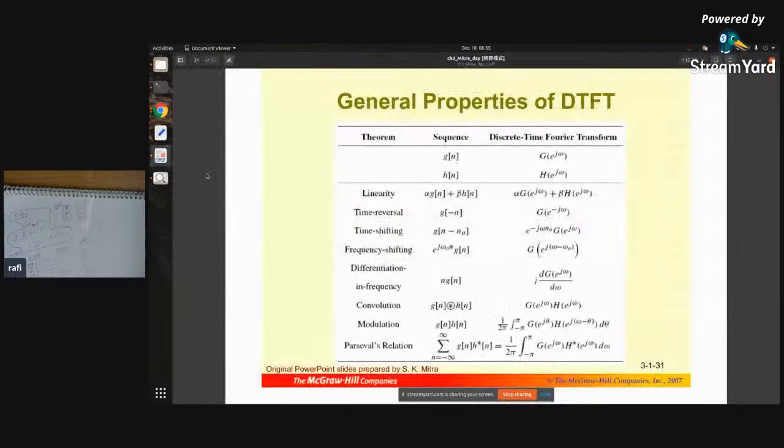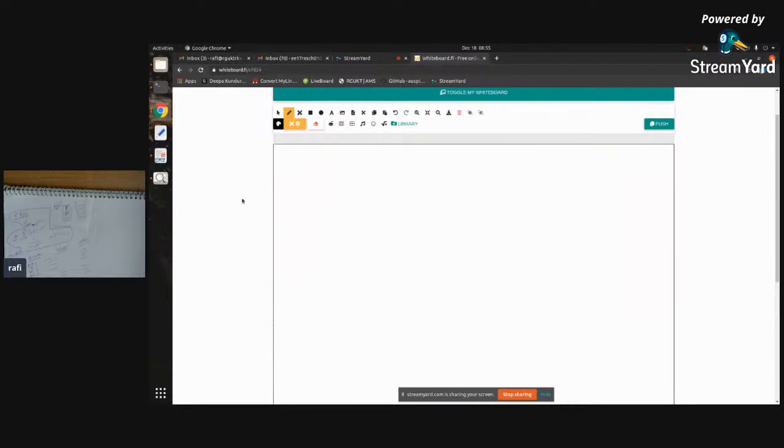What we need to show is this one, so y star of n.